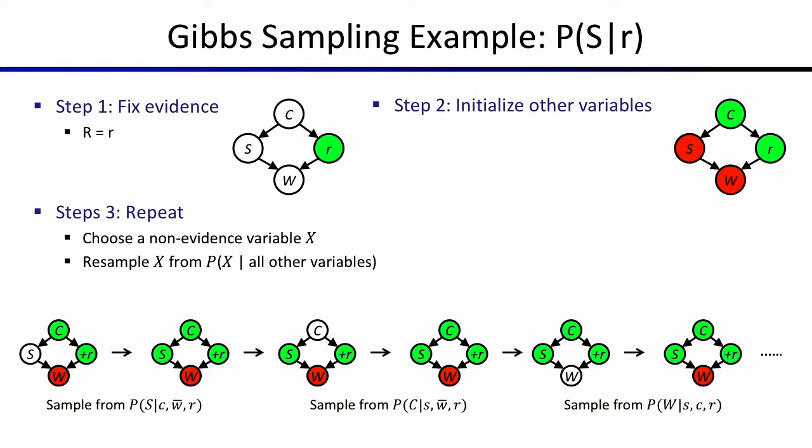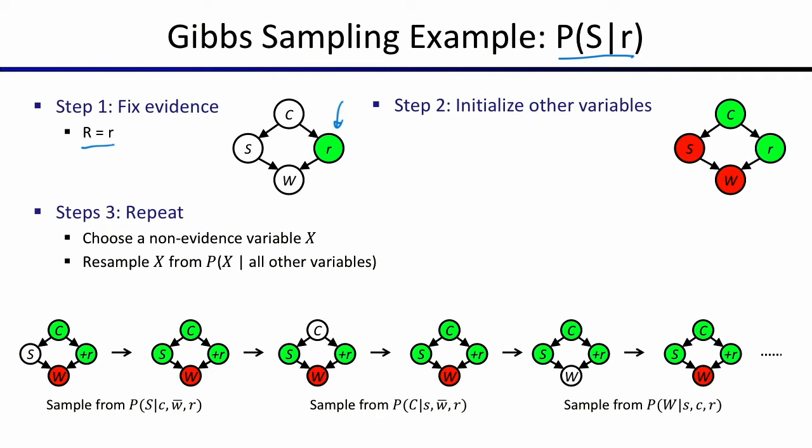We need to start with the evidence, and we fix the evidence. Let's suppose that we want to compute this query here, the probability of S given little r. So we set the evidence that is going to be r equal to little r. We have this evidence here, and we're going to express the true values with a green color and the false values with the red color.